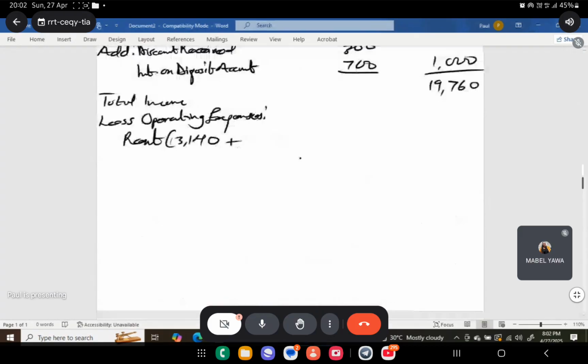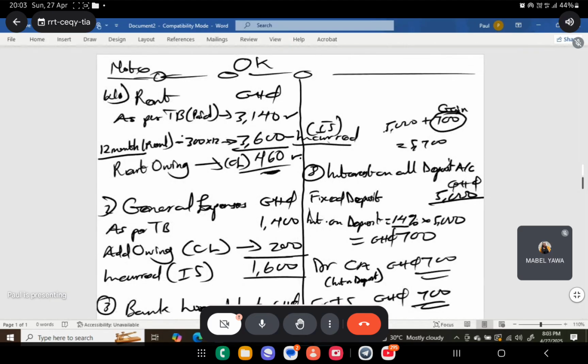So we add it, 460. When we add it, what do we get? Plus 460, which is 3,600. And I told you that that would go into the income statement.